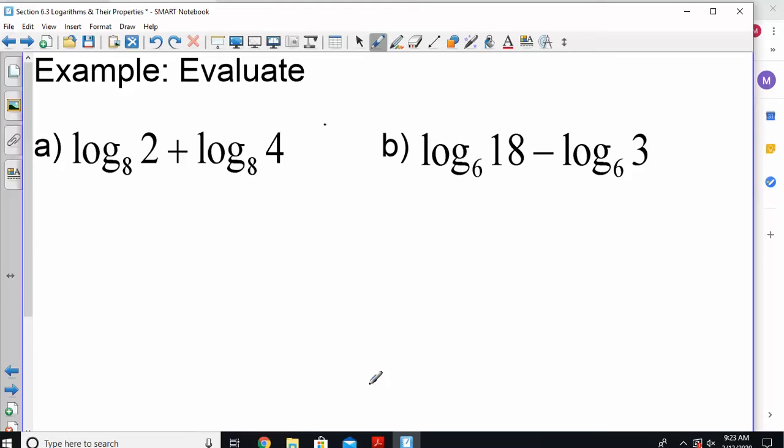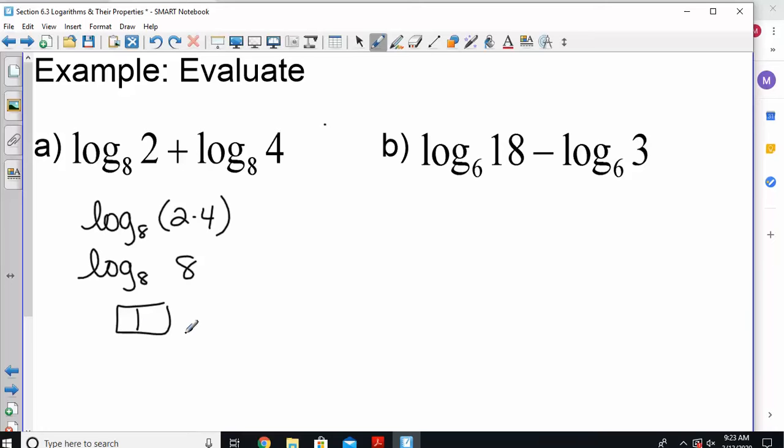Or we could also use our properties. If these logs are added, what do you do? So this becomes log base 8 of 2 times 4, which is 8. What is log base 8 of 8? Keep in mind you can condense things first. This is just like saying 8 to what power equals 8. So it's just the first power.